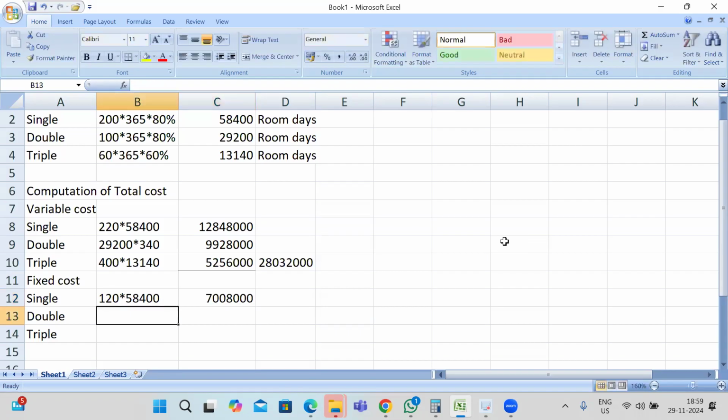So 70 lakhs 8,000. And for double rooms, it is 240 into number of room days. It is 29,200, which I have already calculated. So same 70 lakhs and 8,000. For triple rooms, we had 320 into 13,140.